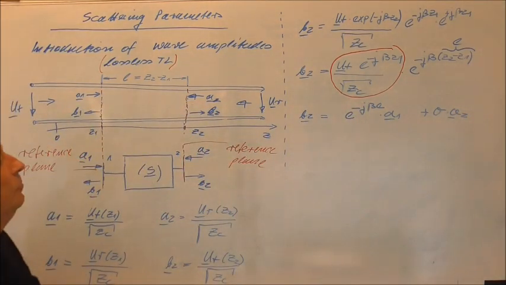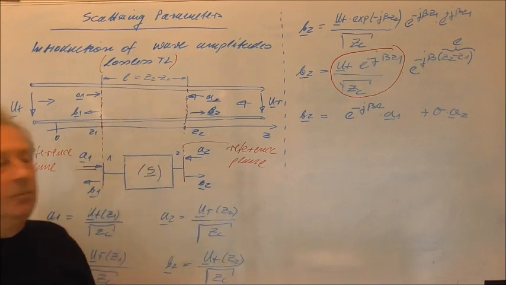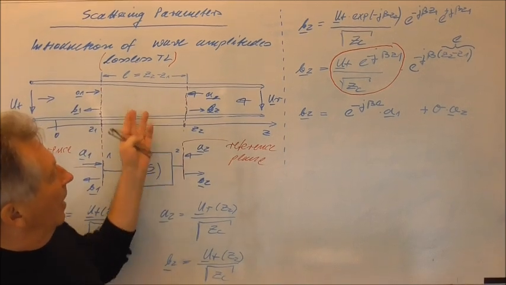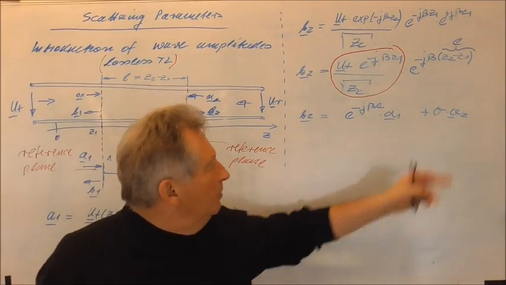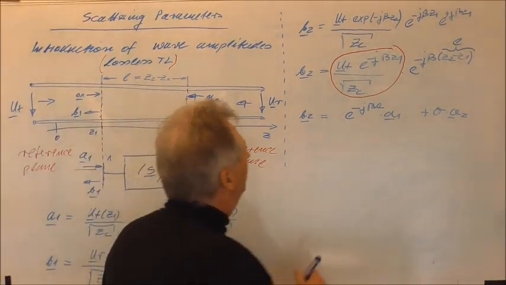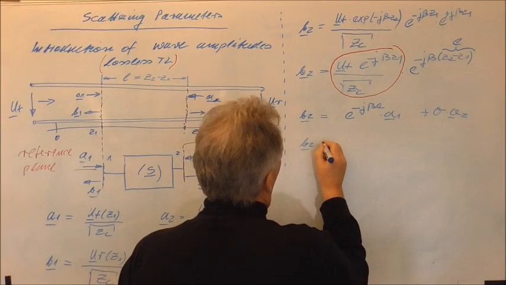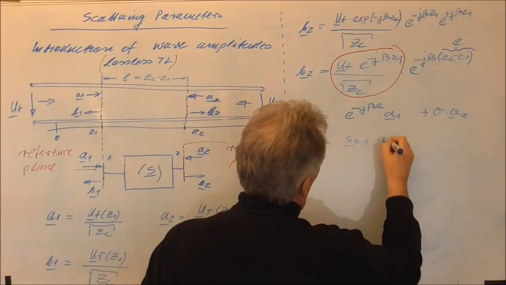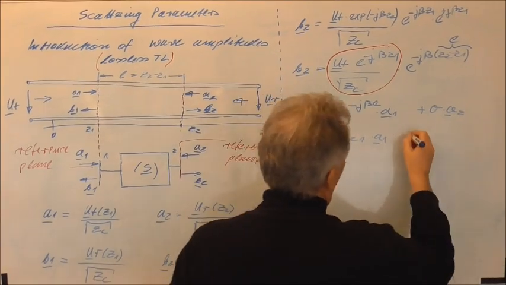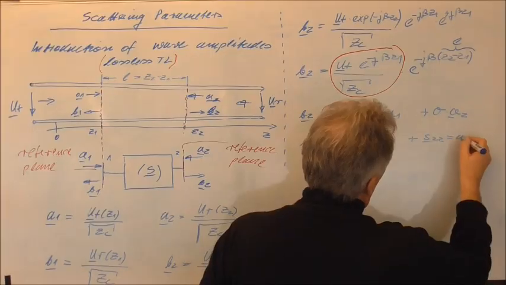This is due to the fact that, of course, we only have an undisturbed transmission line, and in an undisturbed transmission line, of course, no reflections will occur. So we can rewrite this equation as B2 is now S21 times A1 plus S22 times A2.